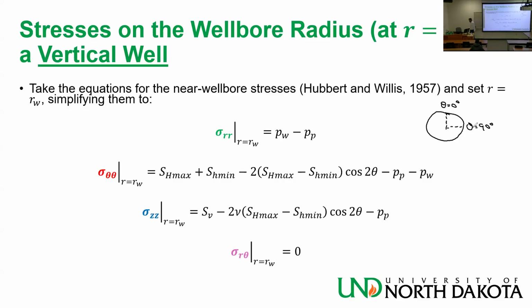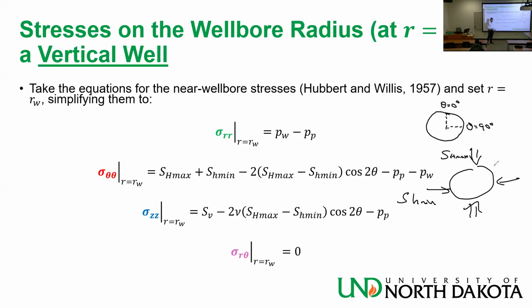But it's a vertical well, so at theta equals 0, I think it's SH max. Yes. By the way, I have SH max and SH min here. So theta equals 0 is SH max, and theta equals 90 is SH min. Always SH max is bigger than SH min. Good.